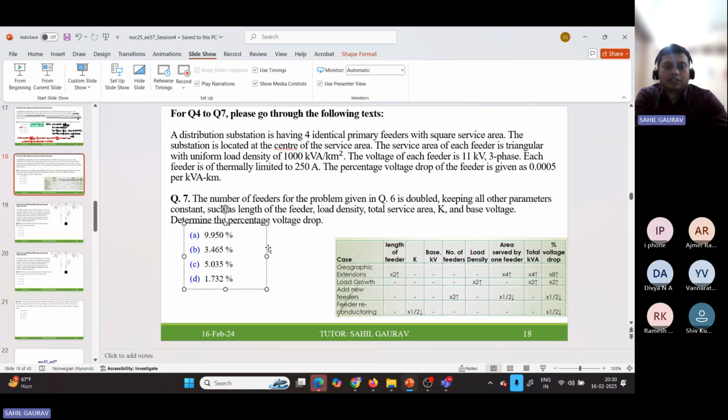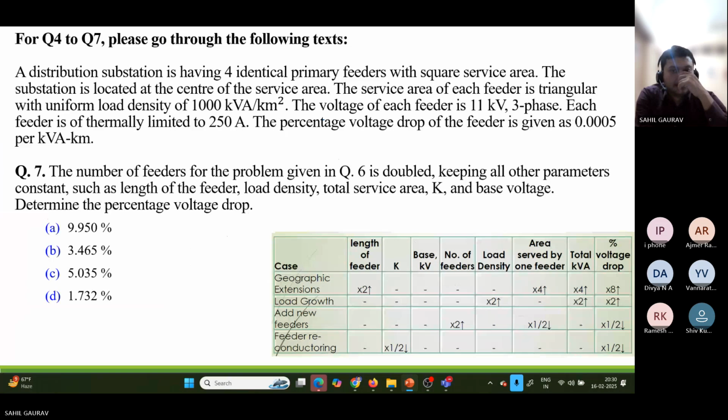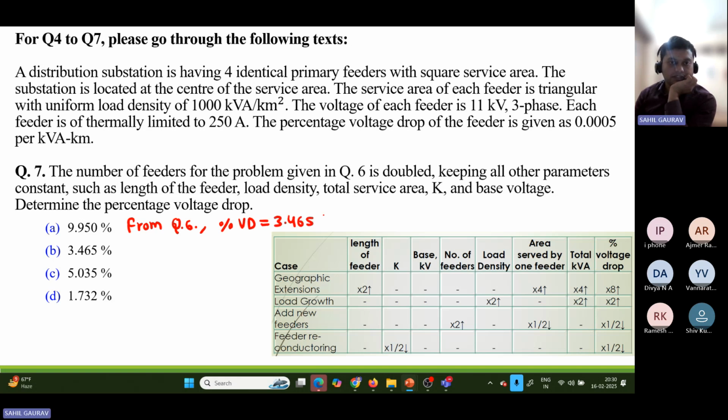From question 6, the percentage voltage drop is 3.465%.